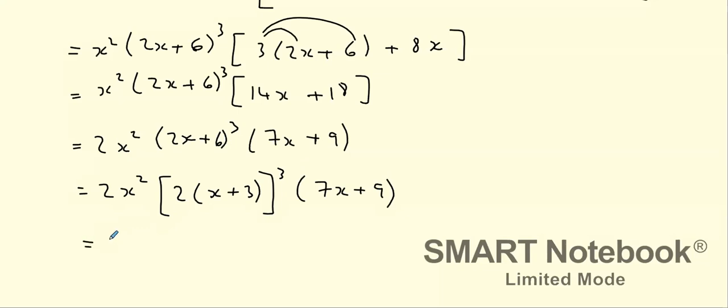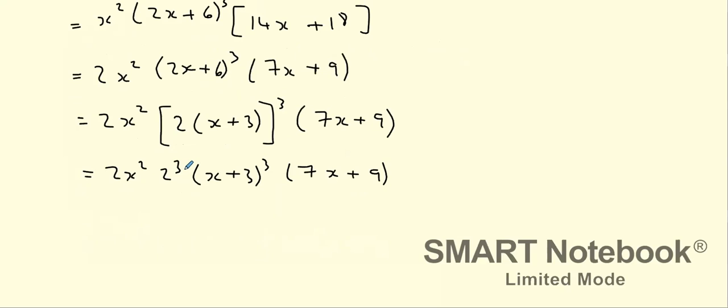And so we have got 2 cubed and (x + 3) cubed, (7x + 9). And so this is 8. 8 times 2 is 16. X squared, (x + 3) cubed, (7x + 9).